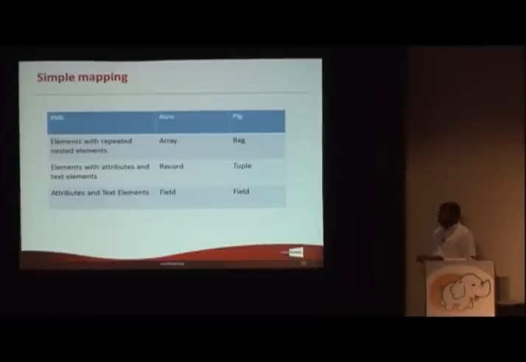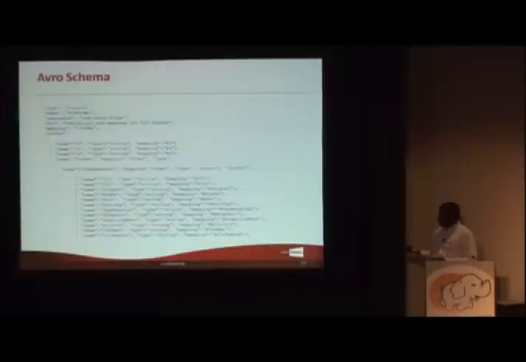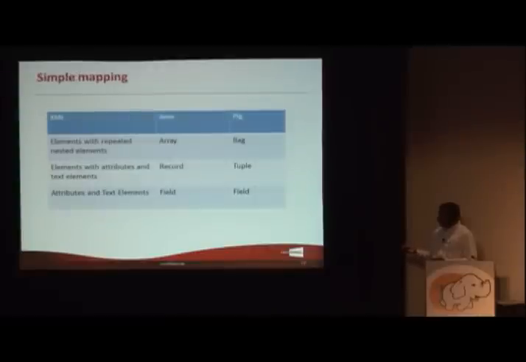Each tuple is nothing but a record in Avro. Hence, from XML, any element which has attributes and probably simple elements like text elements will qualify as a record. So we take that record, map it to an Avro record, which will be mapped to Pig as a tuple. Now for Hive, Hive can use an Avro schema as is.